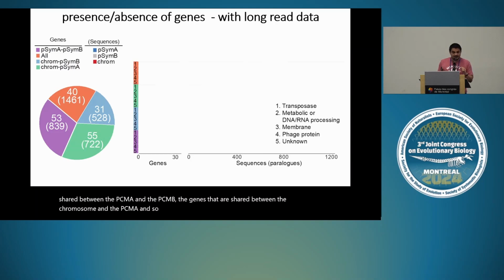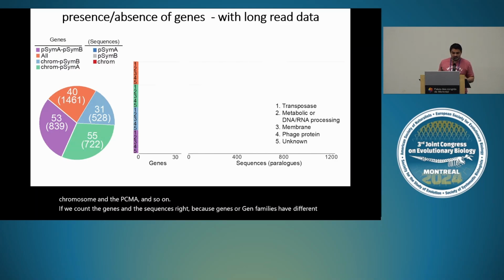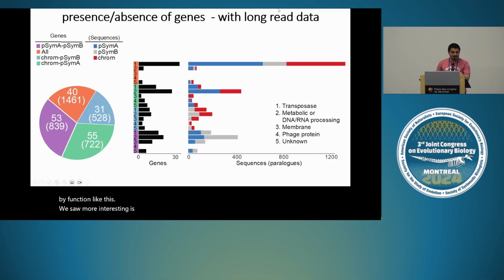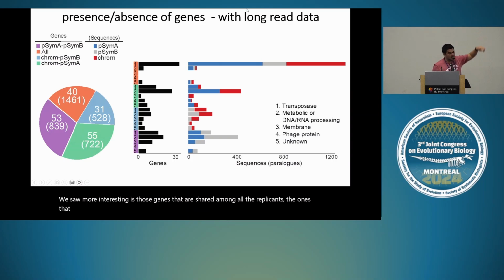If you count the genes and the sequences, because genes or gene families have different numbers of sequences, and divide them by function like this, what we found most interesting are the genes shared among all the replicons, the ones at the top.